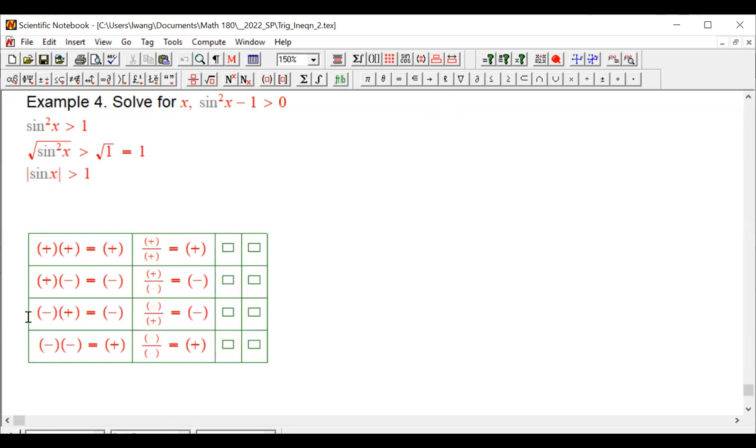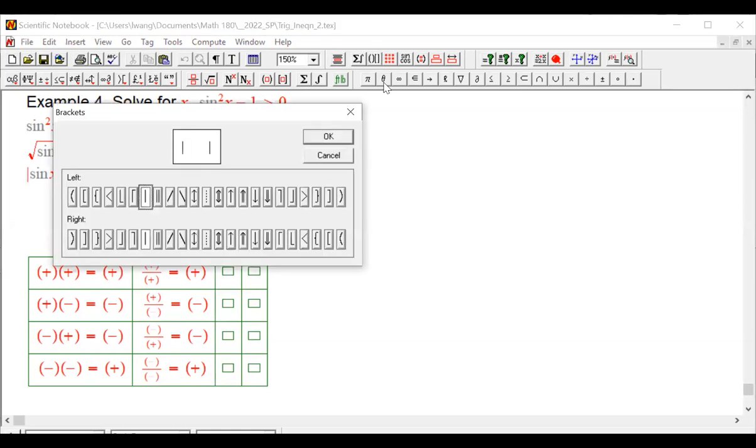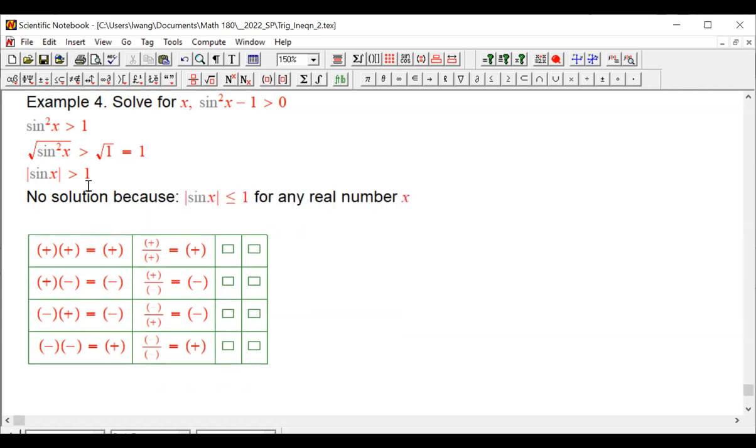Do we have a solution? Knowing that the absolute value of sine x is always less than or equal to 1 for any real number x. Therefore, what do we say? No solution, because that's the reason.